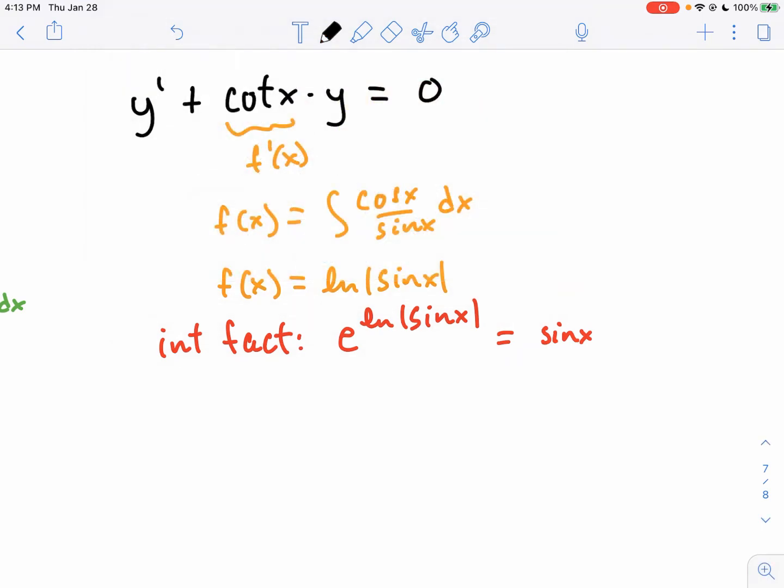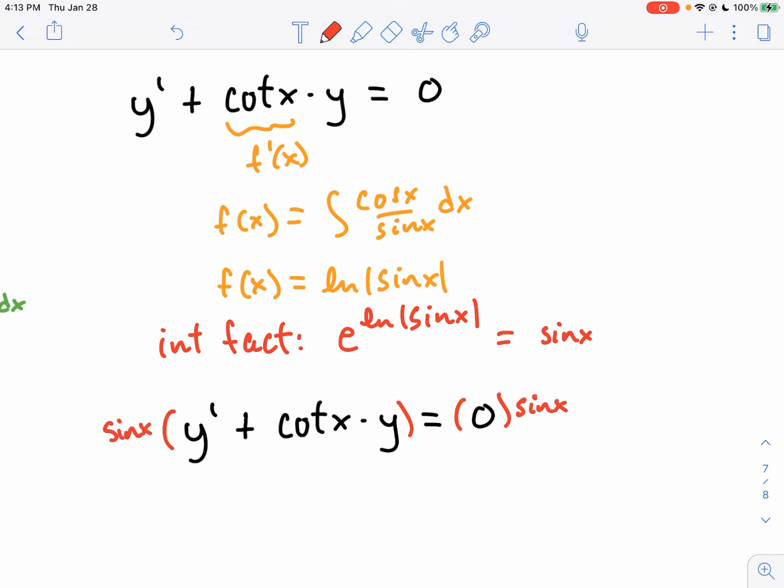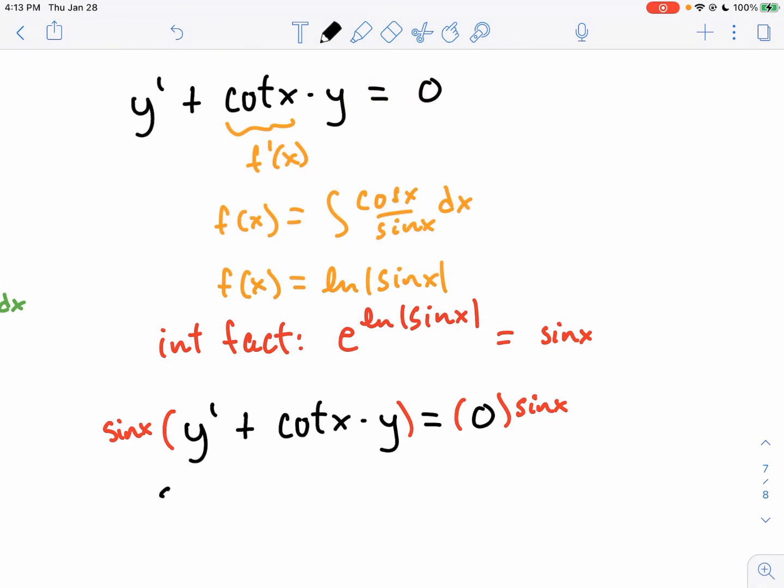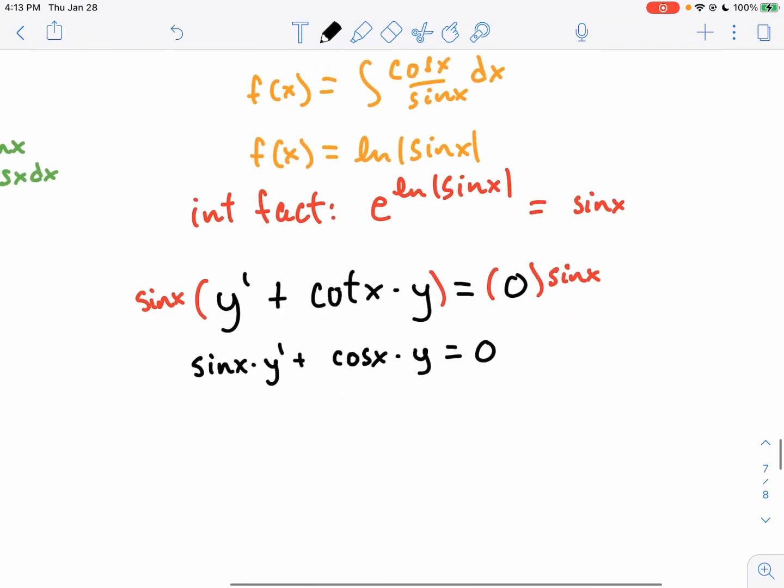And now we multiply both sides of the differential equation by the integrating factor. So I'm going to copy our differential equation, and we multiply both sides of it by this sine of x function. Distribute the sine of x. So we have sine of x times y prime plus, now cotangent is cosine over sine, so this becomes just cosine of x times y is equal to 0 still.